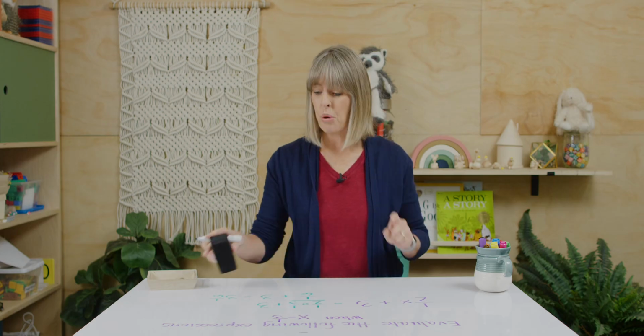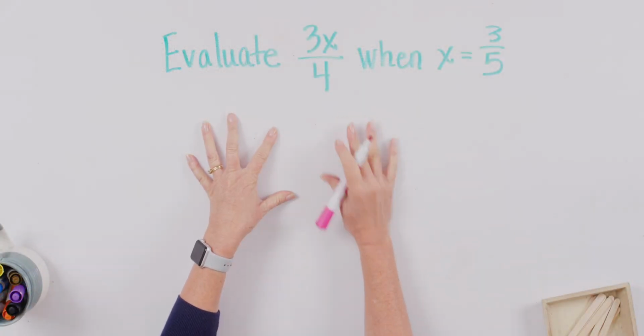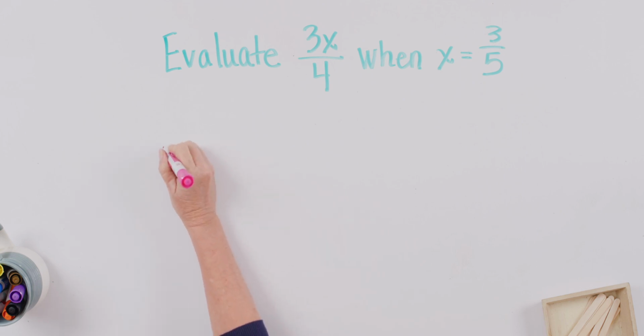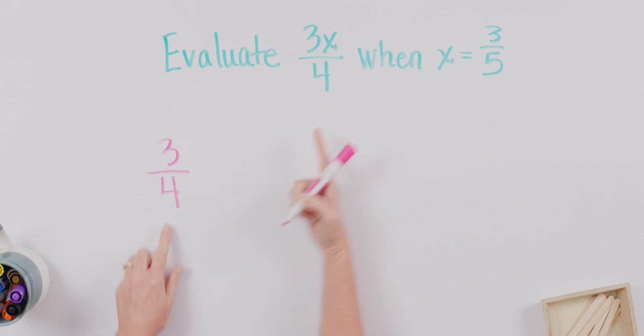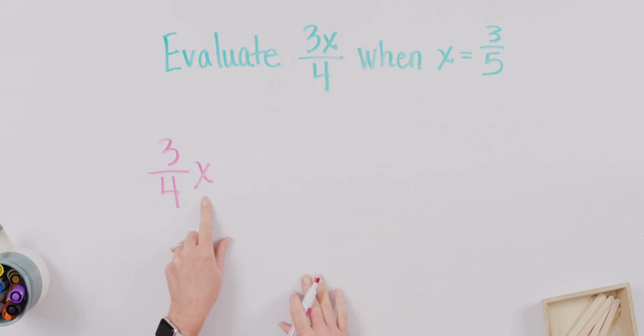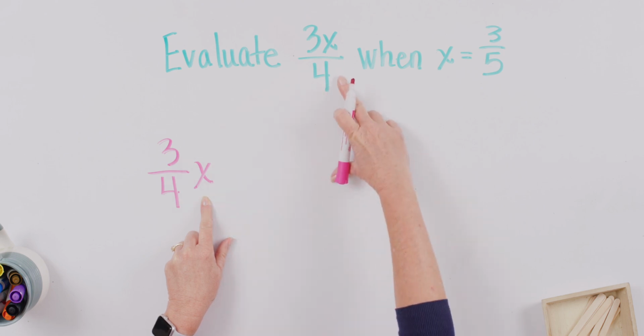All right, we're just going to do one final one. Now with this one, my suggestion is first to rewrite this. Remember how we talked about how we can also write this as 3/4 x. So you're going to get the same result, whether you write it 3x over 4 or 3/4 x.